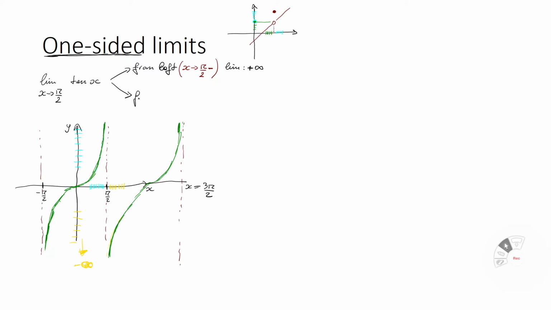So here from the right, denoted by x goes to pi over 2 plus, we have that the limit is equal to minus infinity.